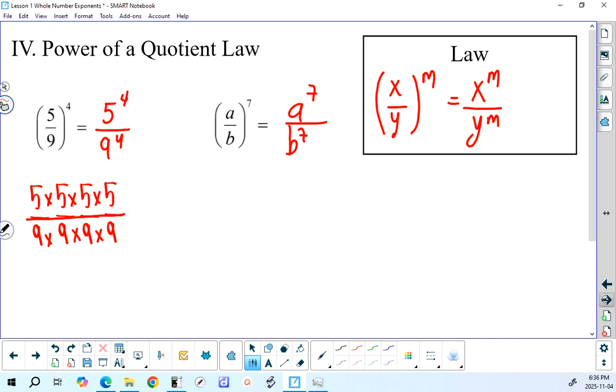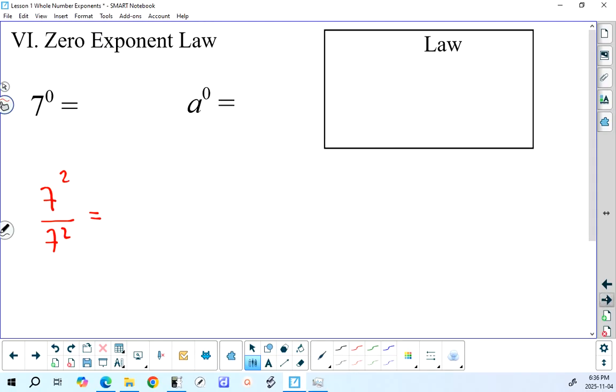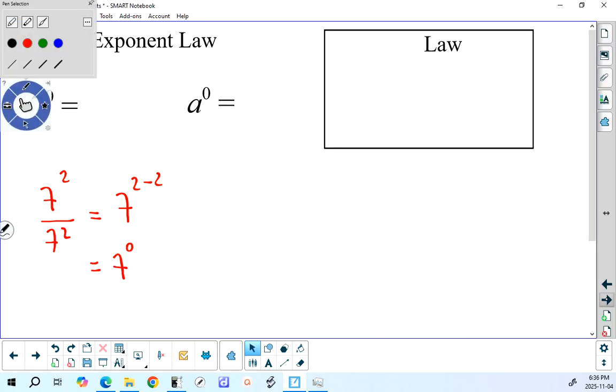So if I have 7 raised to the 2 divided by 7 raised to the 2, according to that other law, this is 7 raised to the 2 minus 2, which happens to be 7 raised to the 0, because 2 minus 2 is 0.